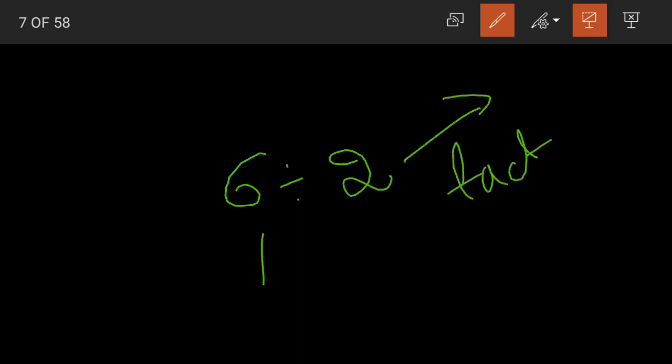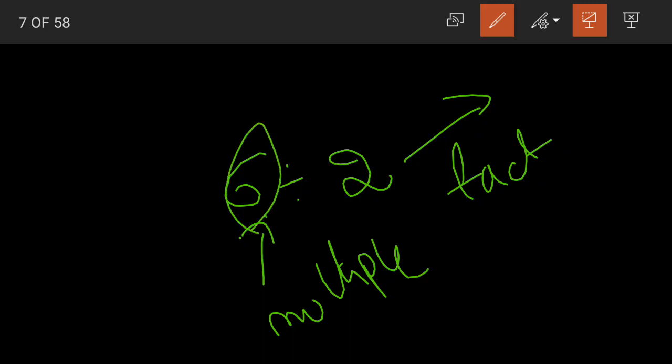See, when I say 6 is divisible by 2, 2 becomes what? 2 becomes my factor and 6 becomes my multiple. So just by looking at the number, I can say whether 6 is a multiple of 2 or not. Yes, very easy, right? You don't even need to divide the number actually.